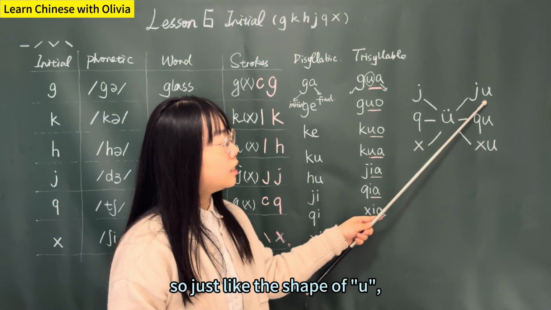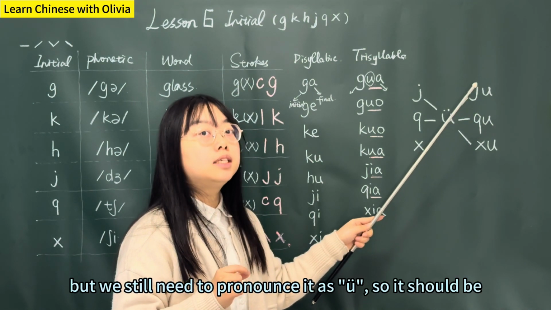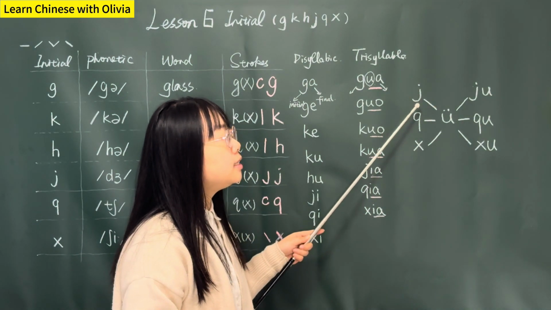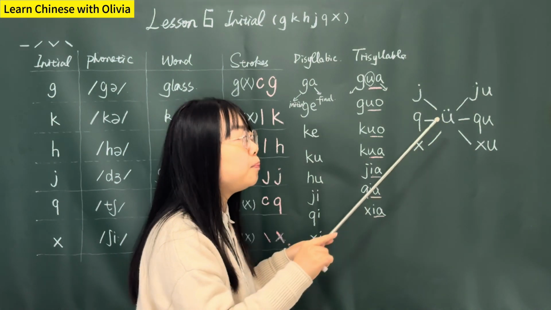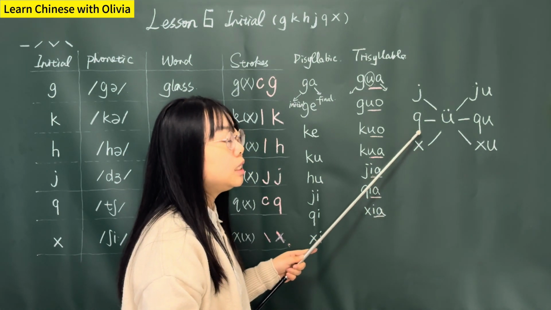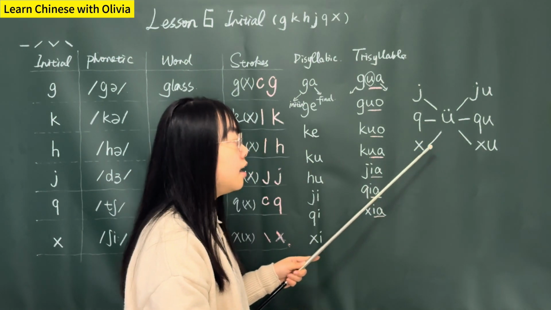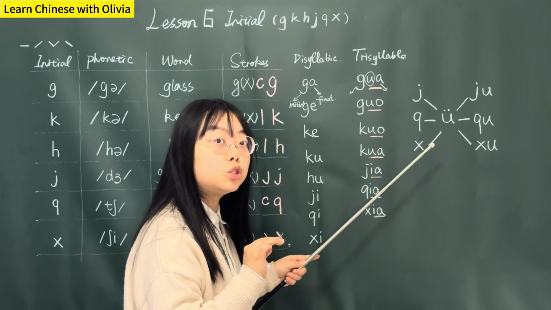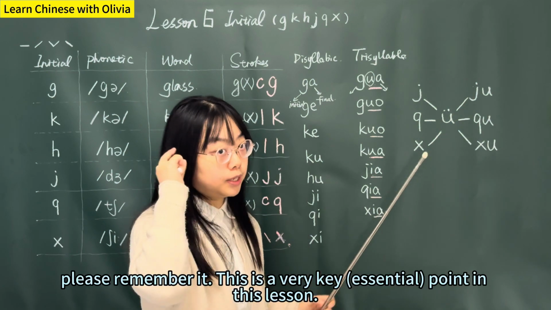So just like the shape of u, but we still need to pronounce it as yu, so it should be ji, yu, ji. And for this one, qi, yu, qi. For next one, xi, yu, xi. Don't pronounce as u. Please remember it.